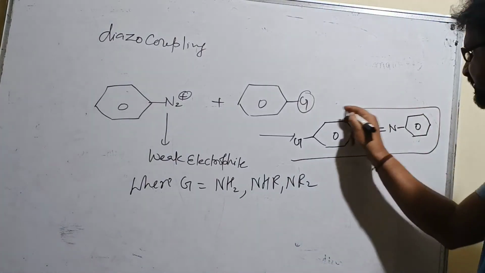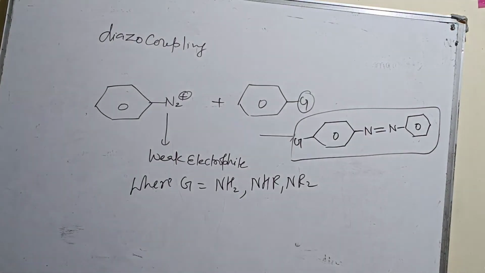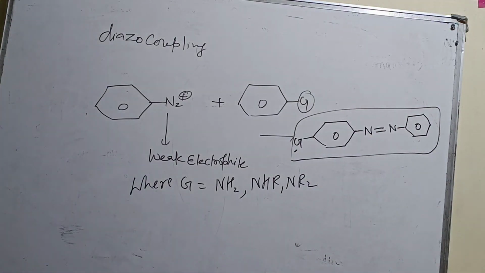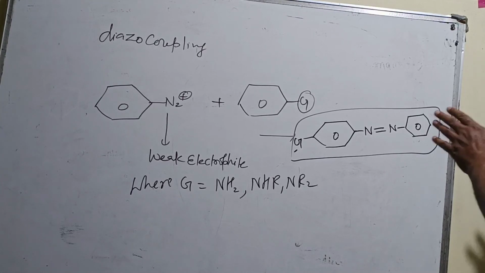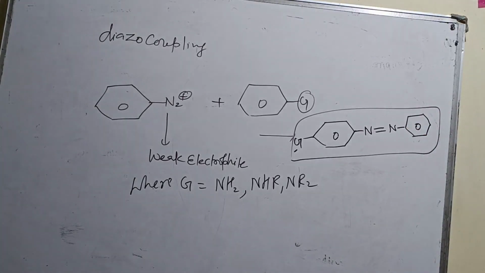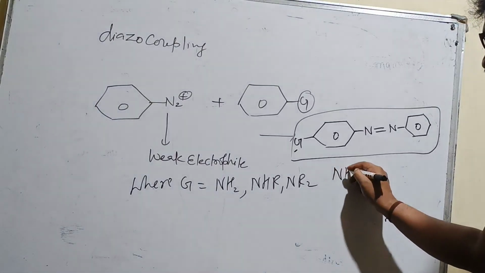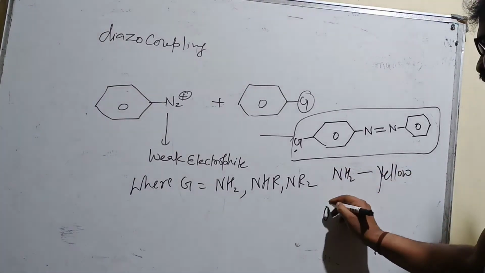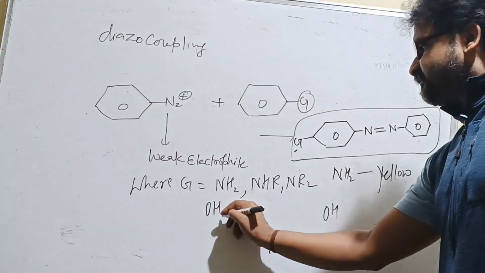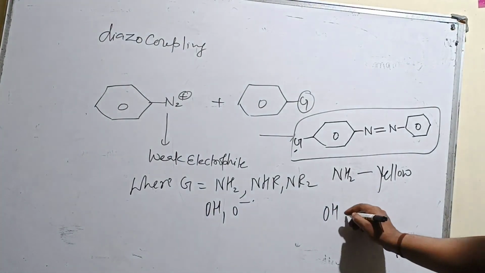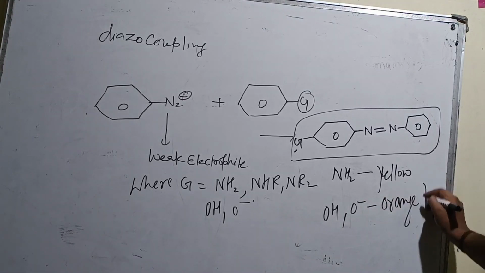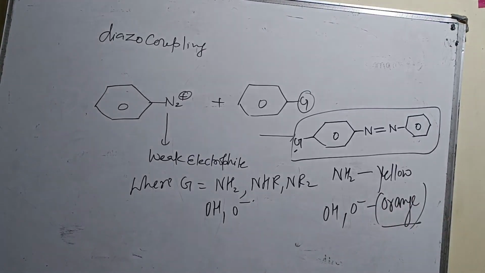Here simple electrophilic substitution has been carried out, and depending upon G and other substituents, the color of this compound can be determined. If it is NH2, it will be yellow, and if it is OH or O minus, then it will be orange.